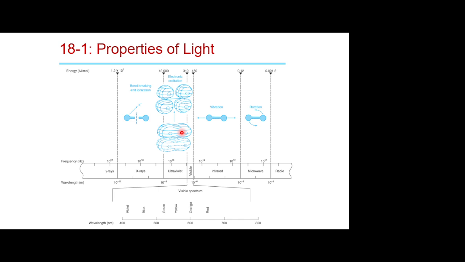Can anybody tell me why there's a visible section that's been split out? Because most humans can see in that region. That's it. All right? And even that is kind of BS because there's a wide variety of ability to see in this region. For example, ladies can see a lot further in this region, and it'll differentiate the colors much better.